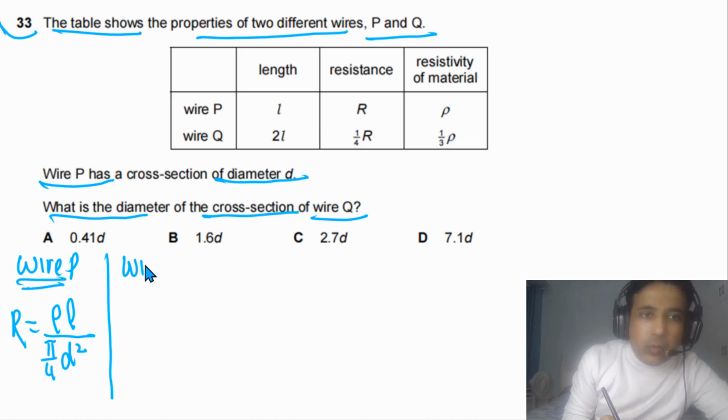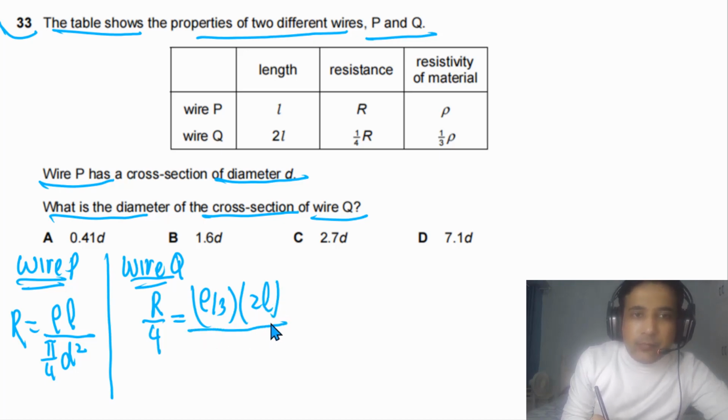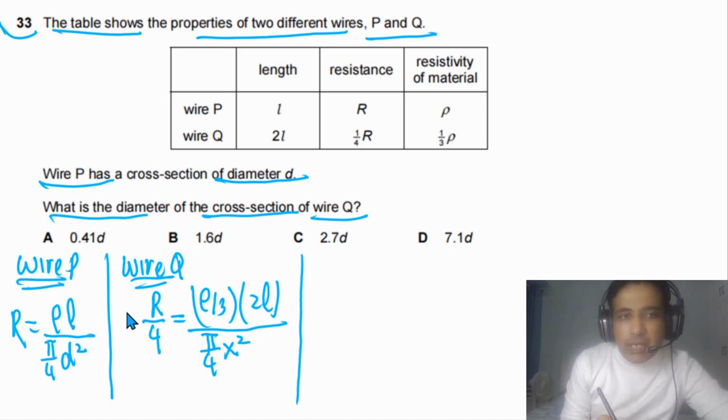Now for wire Q, we can rewrite this equation. It is given to us that the resistance of wire Q is equal to R by 4, and this is equal to rho by 3 times L, that is 2L, divided by the cross sectional area, pi by 4 times x squared, where the diameter is x. Now simply we can replace R with this quantity.